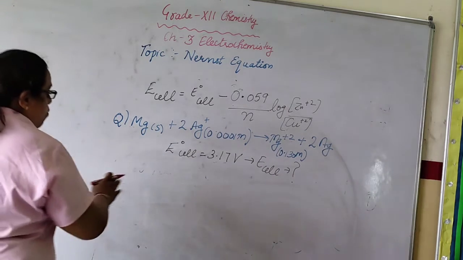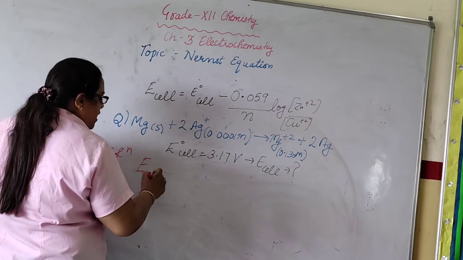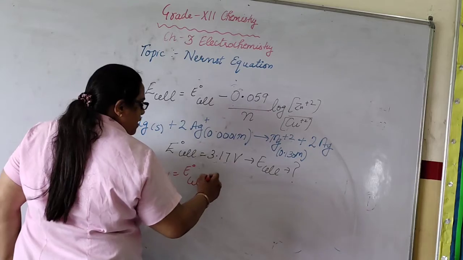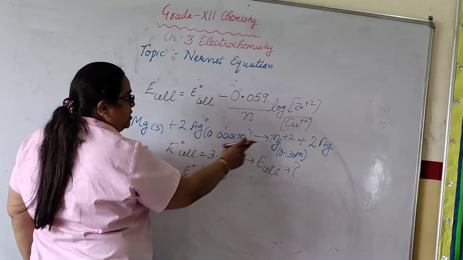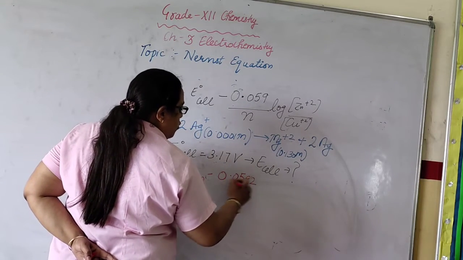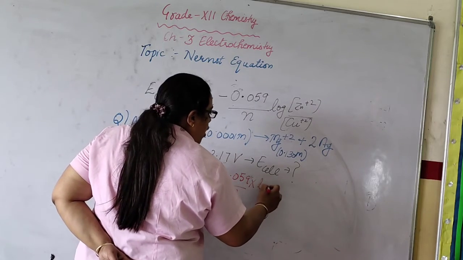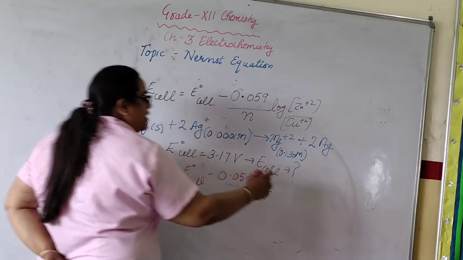So what is E of cell? E of cell for the same is E naught of cell minus, see the number of electrons changed, it is 2, so 0.059 over 2 into log of concentration of oxidation over reduction.